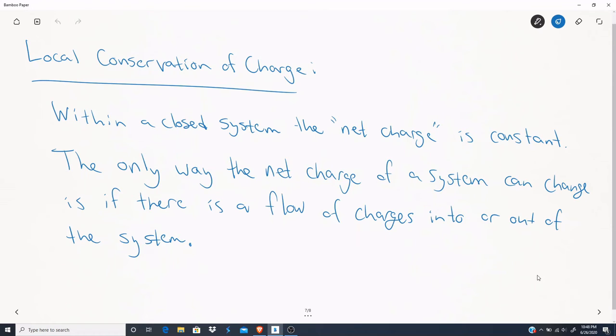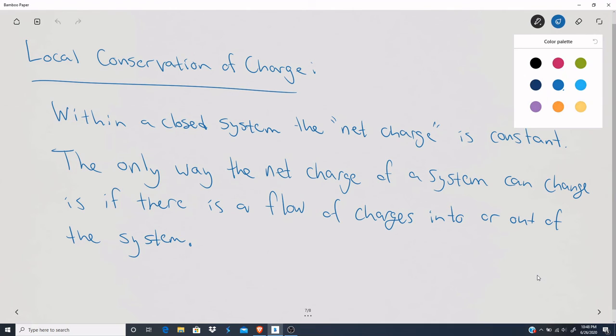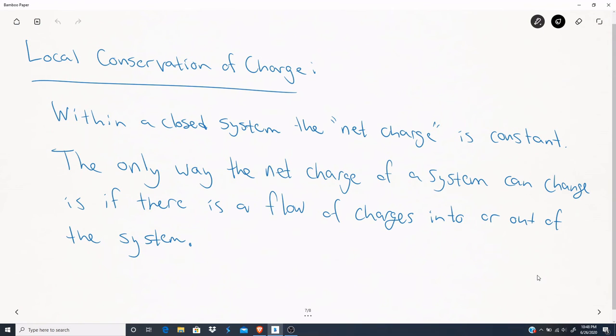There are certain interactions that can occur where you can create charged particles from a neutral particle, or you can create a neutral particle from charged particles. The simple example of this is the annihilation of an electron with something called a positron. So electrons are negatively charged, and the positron is the positively charged antiparticle to the electron.